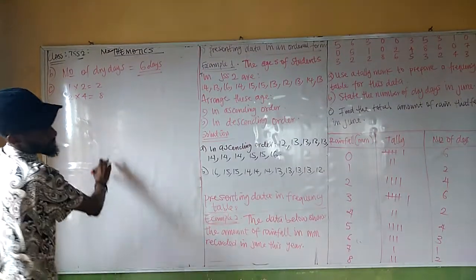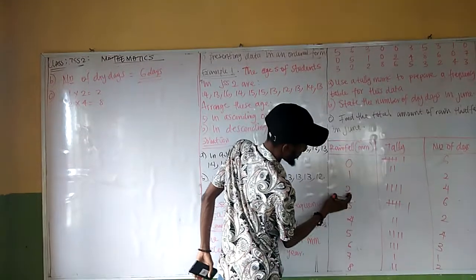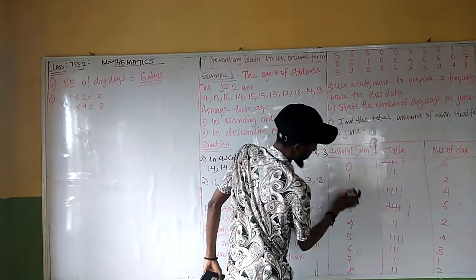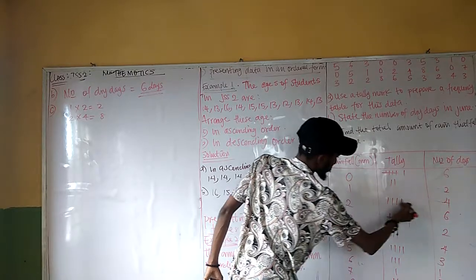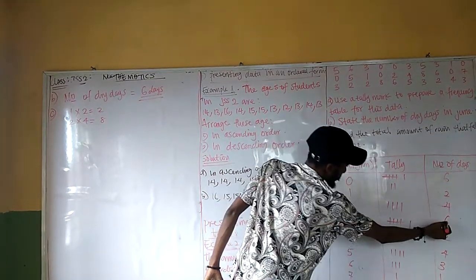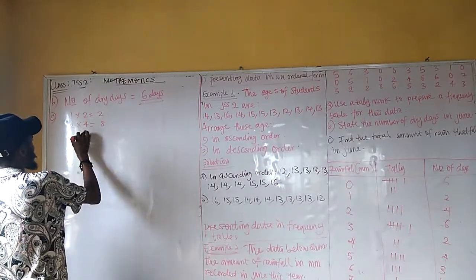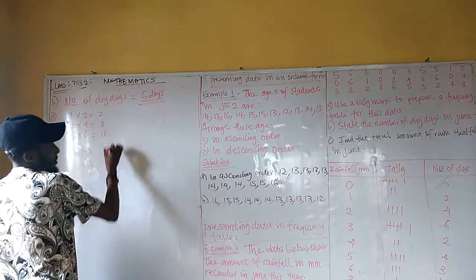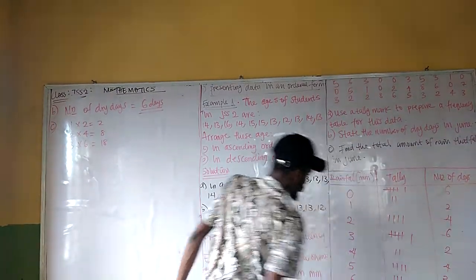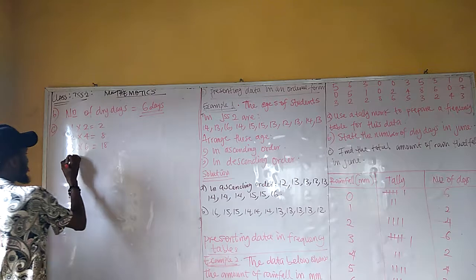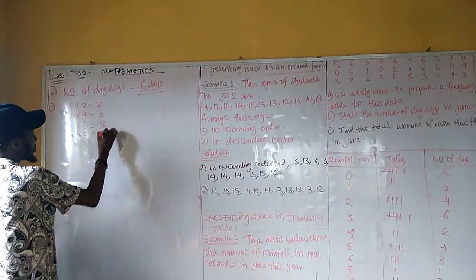Then 3 multiplied by 6, which will give you 18. Then 4 multiplied by 2 will give you 8.